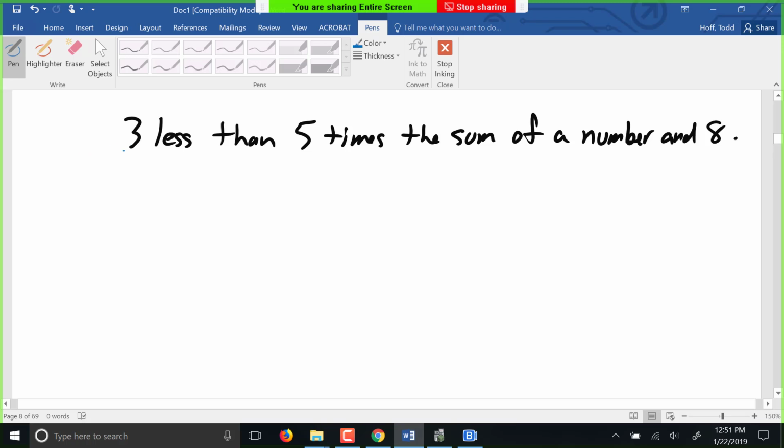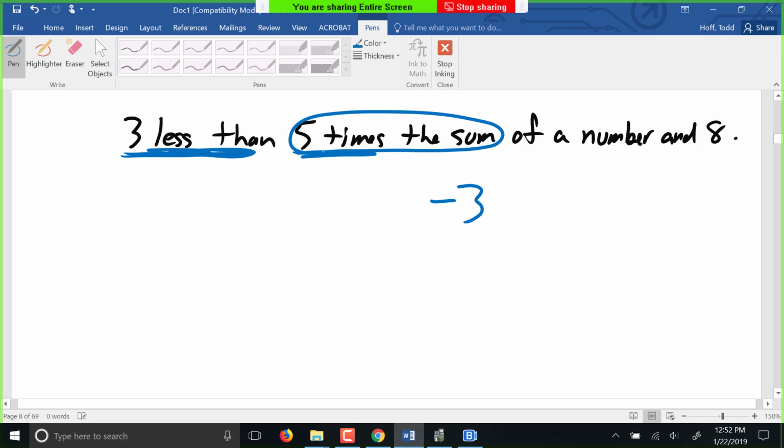Okay, so as we start from the beginning, 3 less than something, what does that mean? We're subtracting 3 from something. Good. Now our next phrase, 5 times, says something's going to be multiplied by 5, but what's going to be multiplied by 5? 5 times the sum.